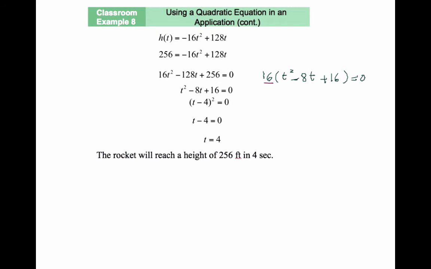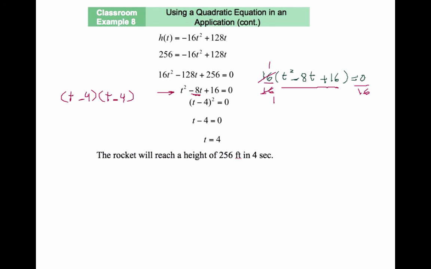Then if I divide both sides of the equation by 16, that 16 is gone. It's going to be equal to 1. So you end up getting t squared minus 8t plus 16 equal to 0, where I can factor this. Now this is a perfect square, but if you didn't see that, you can see that this is t and t. 16 would be 4 and 4.